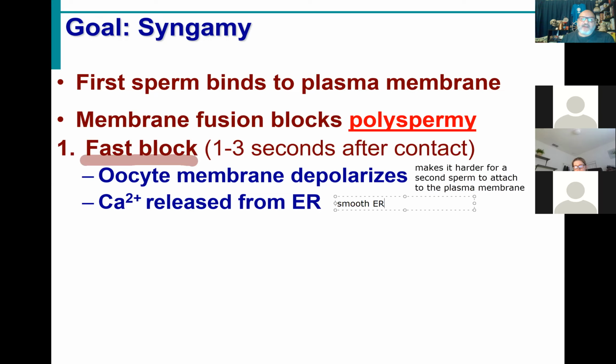Well, in a similar fashion, calcium is stored in the smooth endoplasmic reticulum of the secondary oocyte. So when depolarized, voltage-gated sodium channels open. Calcium channels open. And when those voltage-gated calcium channels open, calcium rushes into the cytosol.